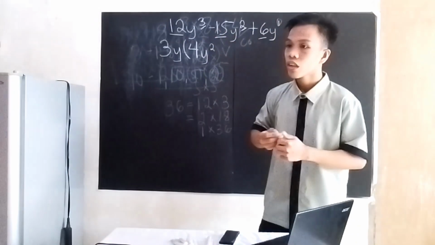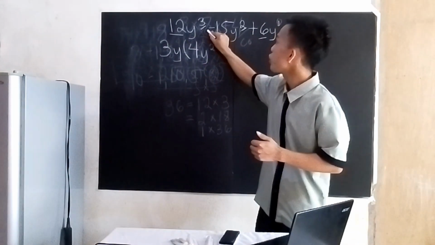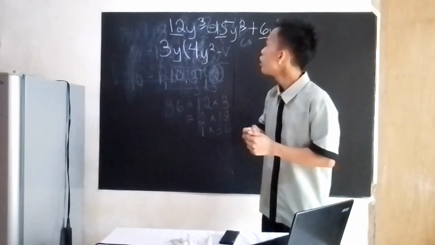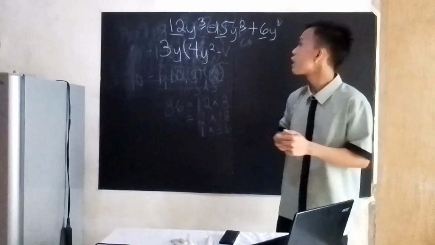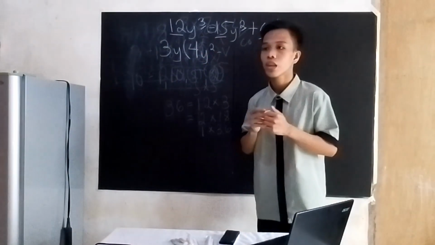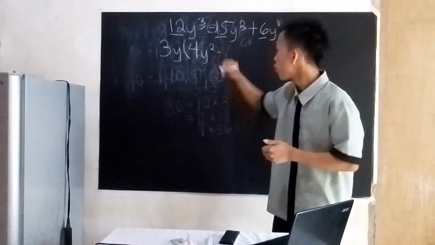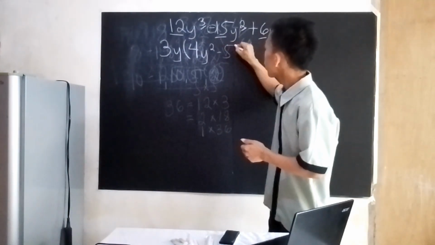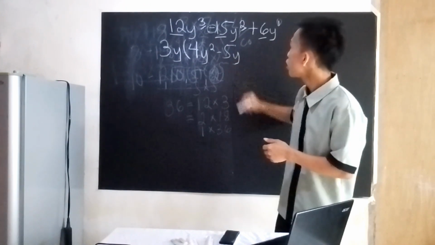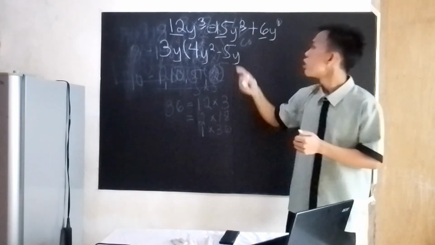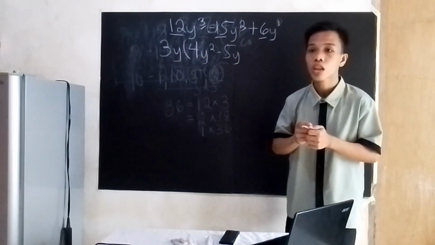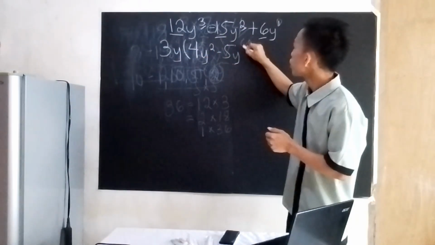Then our next process is we are just going to copy the sign. Then next is 15 divided by 3. What is 15 divided by 3? That's right, 5. Then copy the variable. Then, what is 2 minus 1? So 1, that's right.